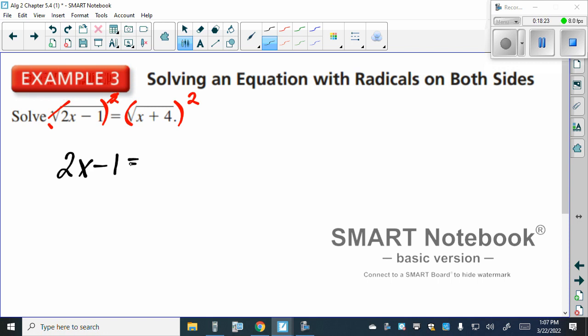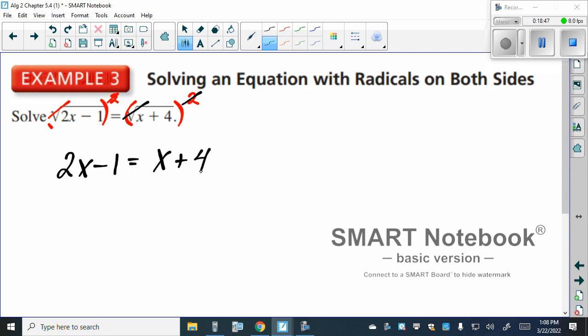On the other side, the radical and the square cancel too. All the radicals are gone, because squaring both of these cancels out those square roots.